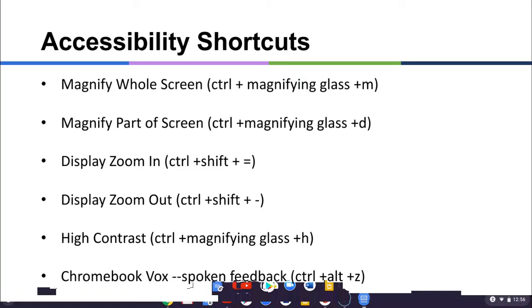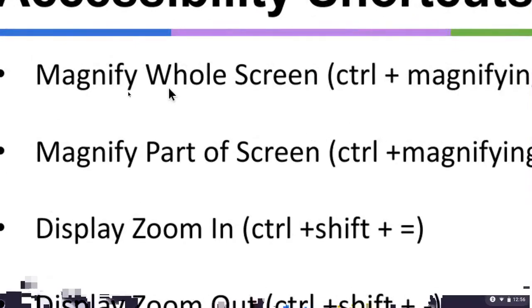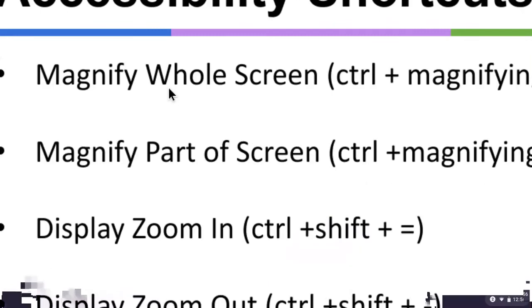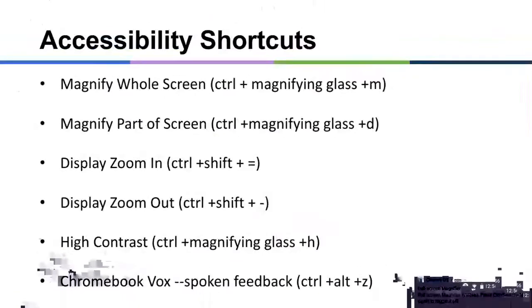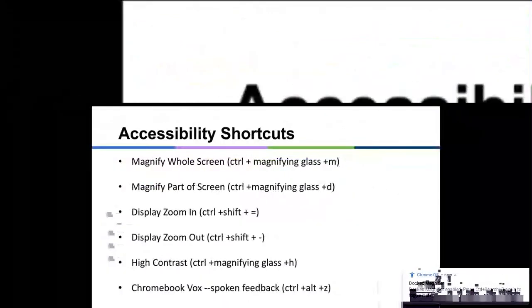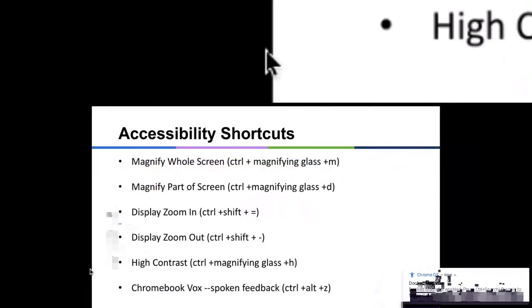To magnify the entire screen, we do three things: the Control key, the magnifying glass, and the letter M. And now you can see that the screen is magnified, and I can look at it in a much bigger way. If I finish with that, same three things: Control, magnifying, and M. Say I'd like to only look at part of the screen magnified, Control, magnifying, and the letter D. When I do this, the full screen that I'm looking at stays small and it bumps to the bottom.